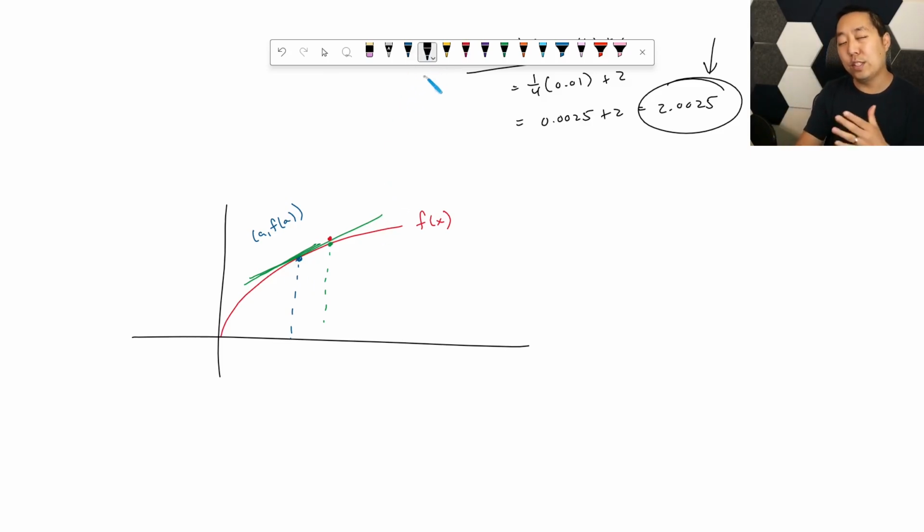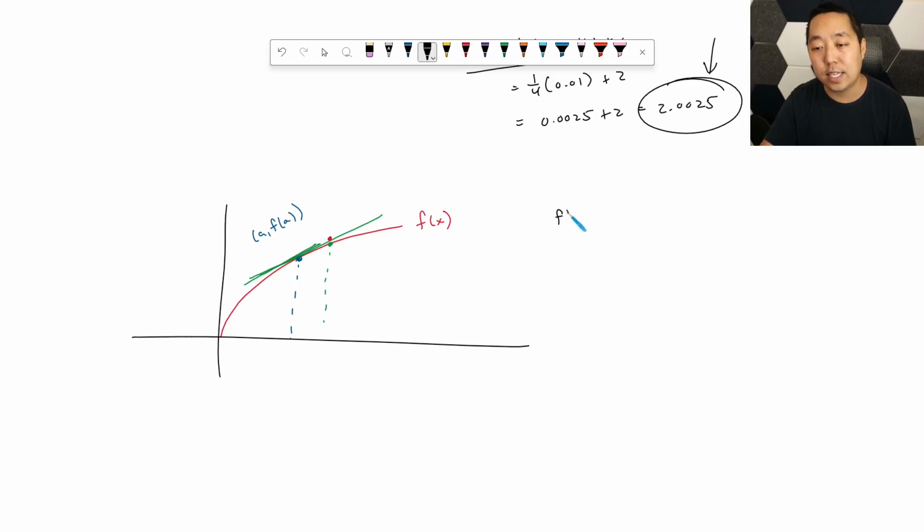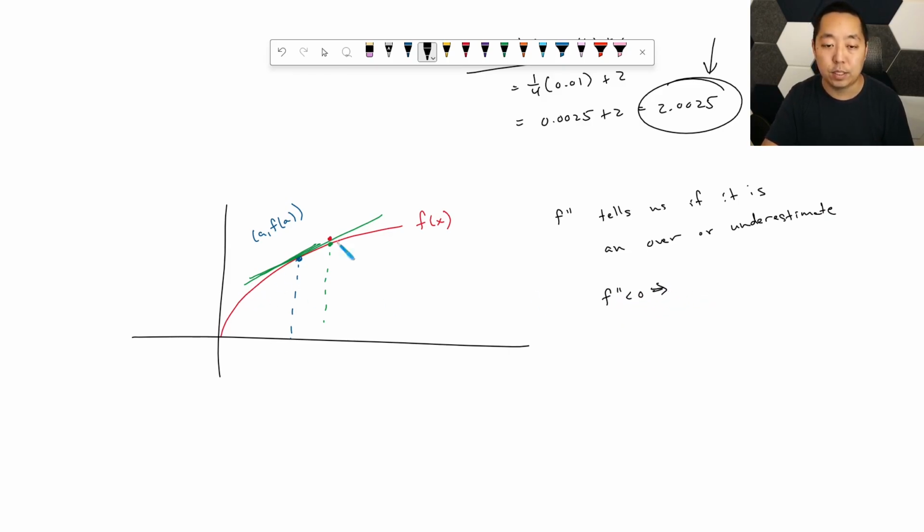Now, how do we know if it's an over or underestimate? It has to do with whether the tangent line is above or below, but it has to do with the concavity. The second derivative tells us if it is an over or underestimate. Okay, so if the second derivative is negative, that means this curve is concave down, we're going to overestimate the value because our tangent line's y value is going to be greater than the actual function.